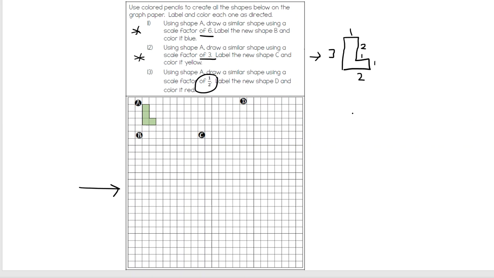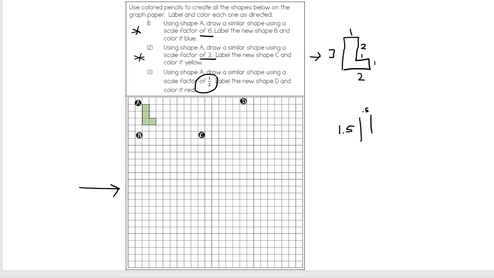Okay? And so if your scale factor is a fraction, your shape is going to get smaller. So if we take 3 and divide by 2, that's going to be a 1.5. And if we take 1 and divide by 2, that's going to be a 0.5.